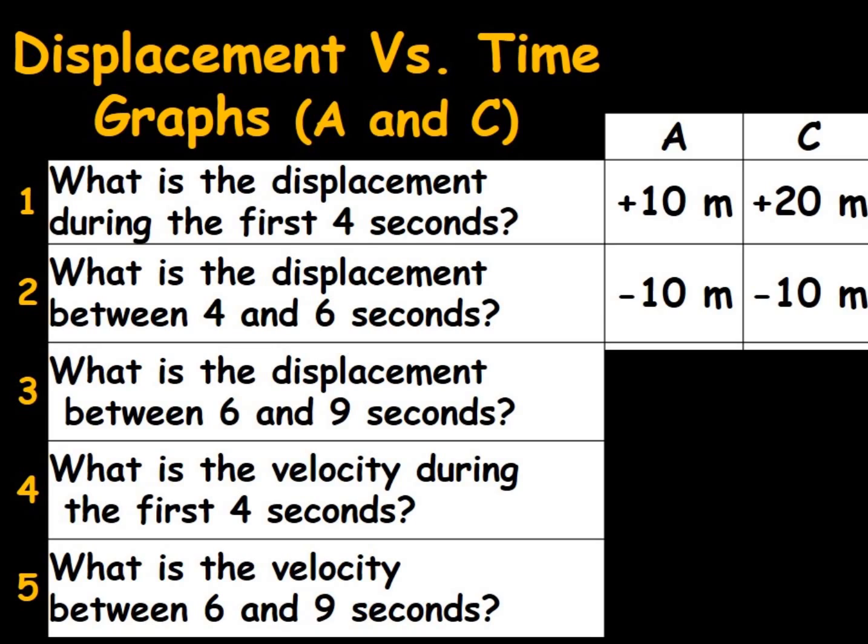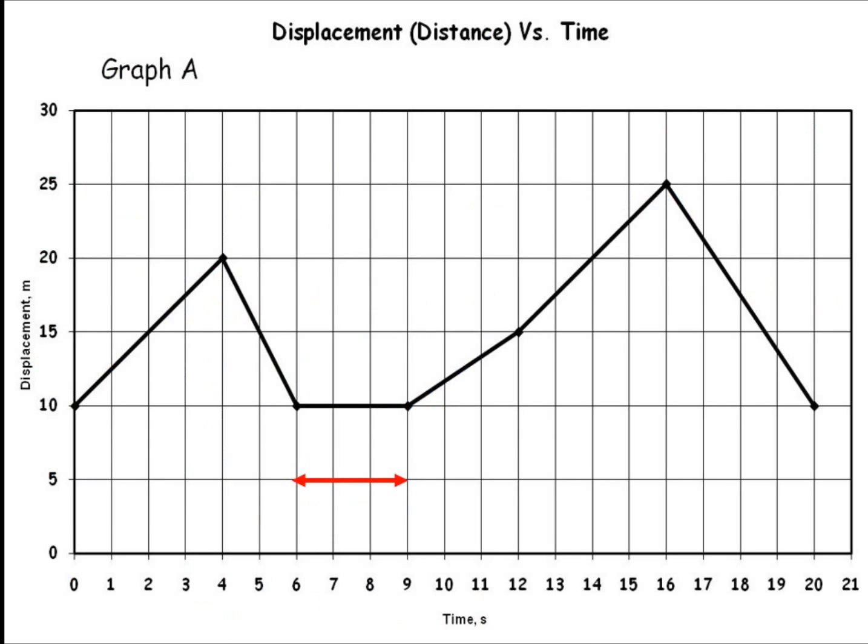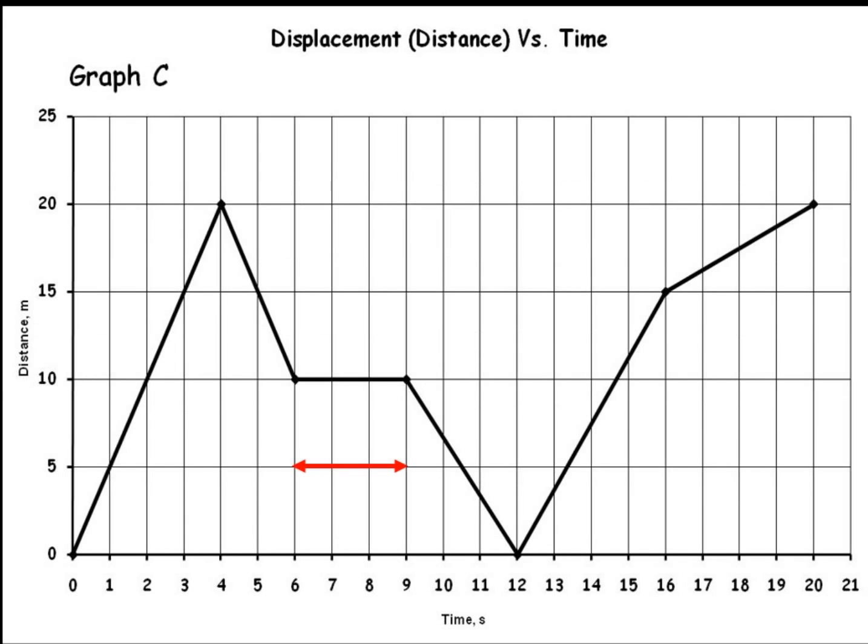The next one is very similar, and it says, what is the displacement between 6 and 9 seconds? If you look at the graph between 6 and 9, you see that in graph A there's actually no displacement whatsoever. So what's happening? The vehicle is actually standing still. The person is standing still.